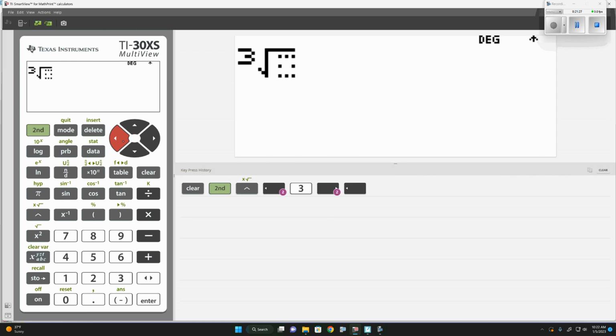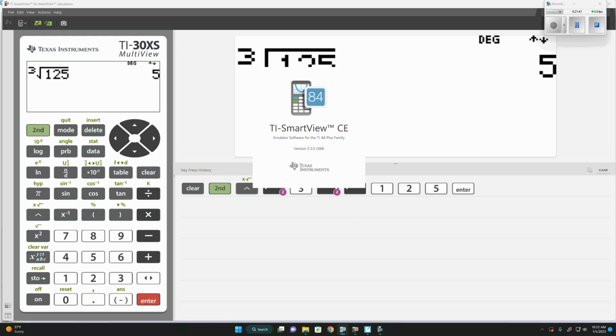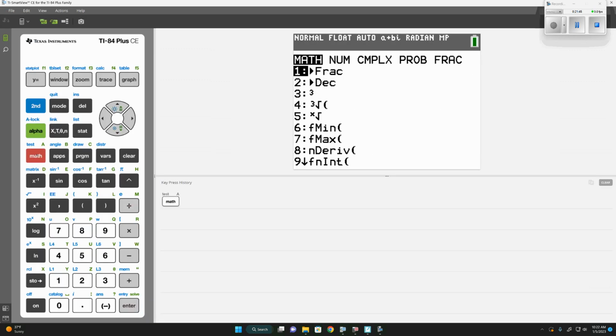And here, then we can do 125. So the cubed root of 125 is 5. Now the graphing calculator, if you hit the math button, pull it up here, does have a cubed root option. Because if you notice, the fourth one down is the cubed root. If we want to take the fourth root or higher, we have to use the fifth option.